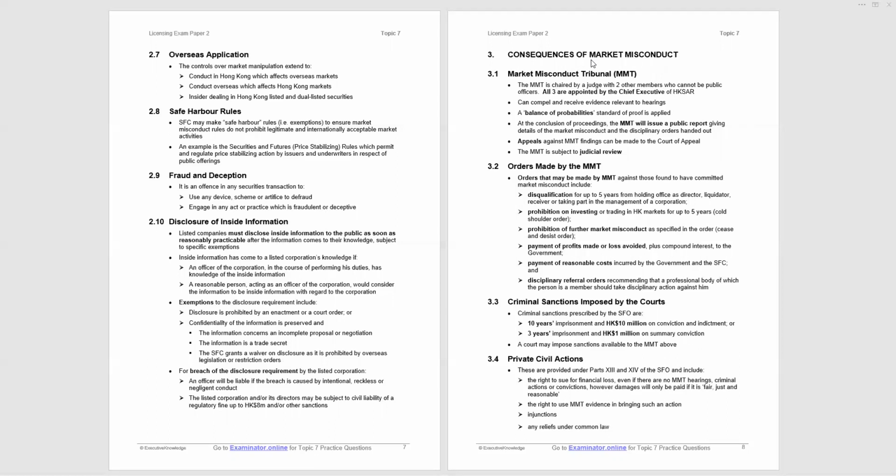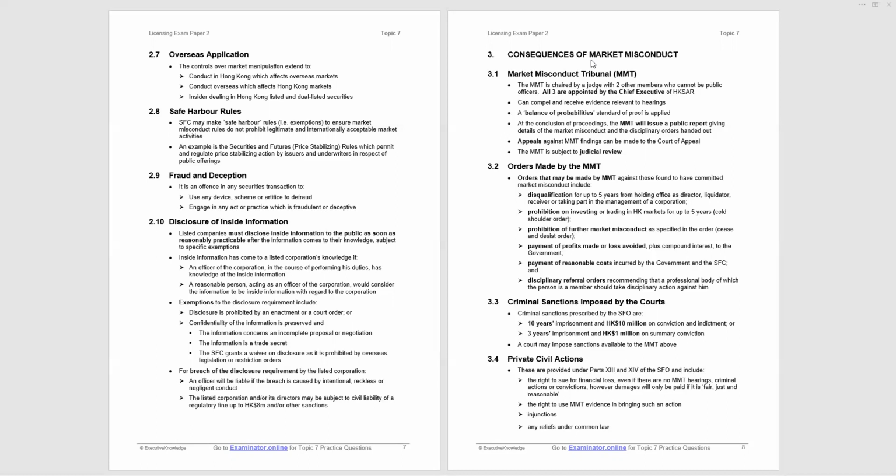You're not probably going to be examined in detail on price stabilizing in topic 7, but it is a concept under safe harbor rules. Fraud and deception, anything to do with fraud, it's going to be criminal prosecution.